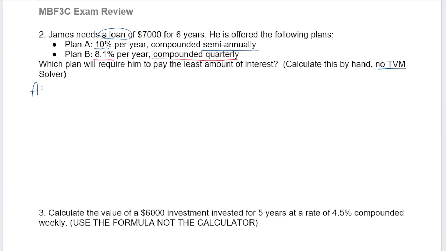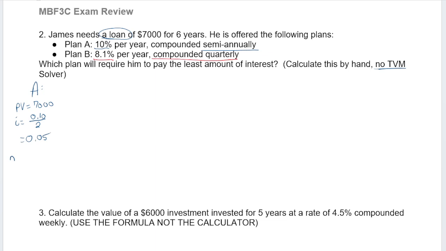So for plan A, we have PV is 7,000, and then we have to get our I, which is R, 0.1 for 10%. Semi-annually is twice per year, so we divide by 2, 0.05.